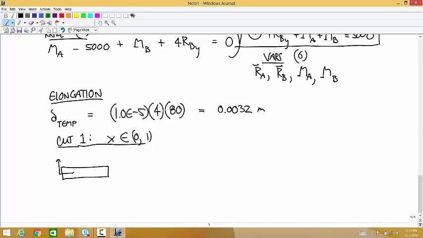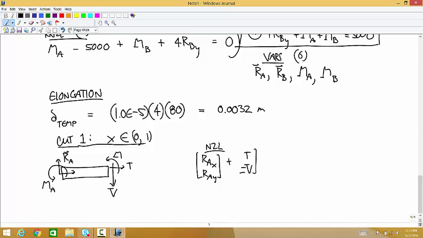Yeah, so we have the couple, and then we have the internal loads, T, V, and M. So Newton's second law says RAX, RAY plus T, negative V is equal to zeros.